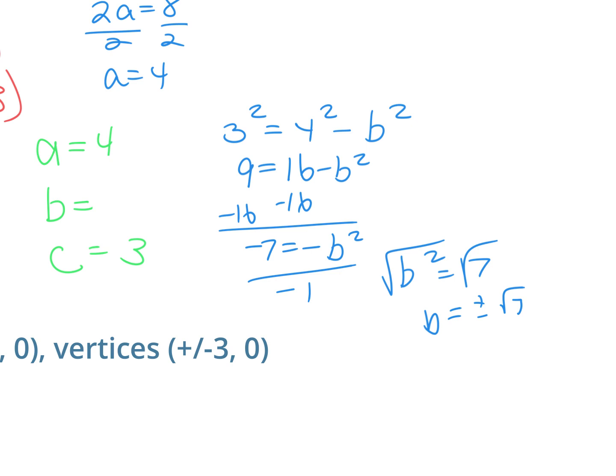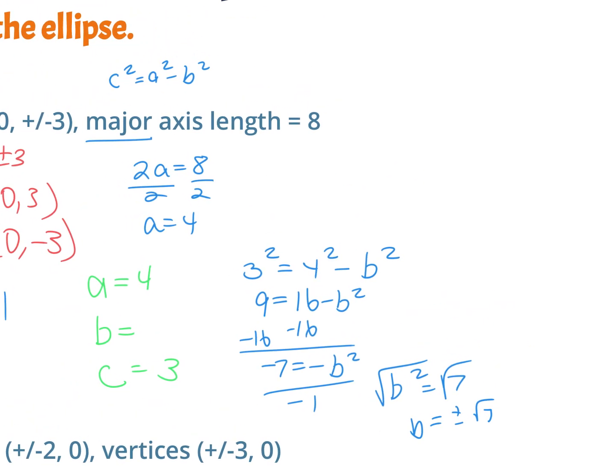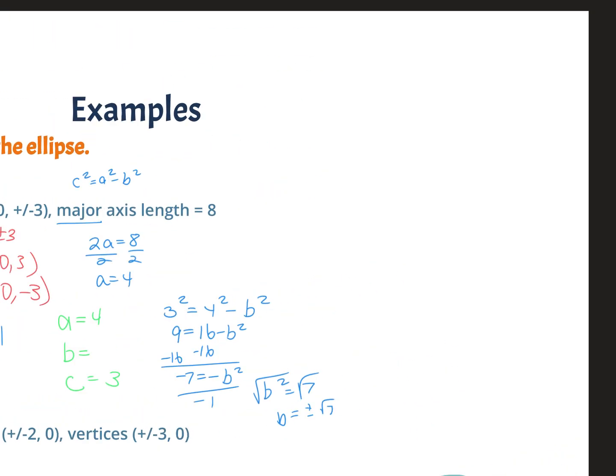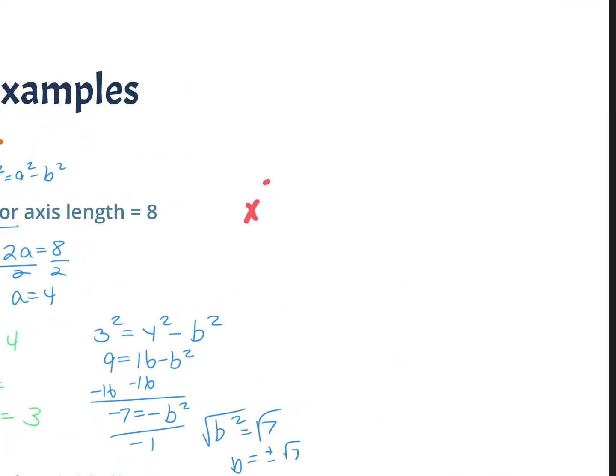Now, we have a lot of stuff all over the place, so I'm going to organize over here. I'm going to remind myself that my formula was x squared over B squared plus y squared over A squared equals 1. Do I now have my B value and my C value? Yes, and my A value, yes?